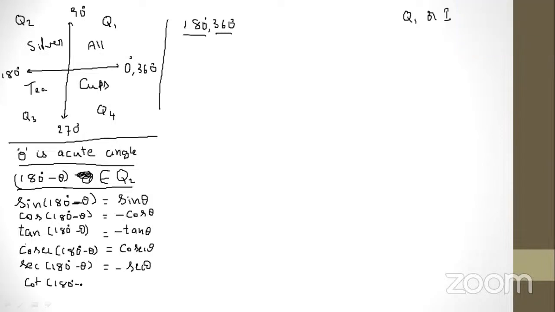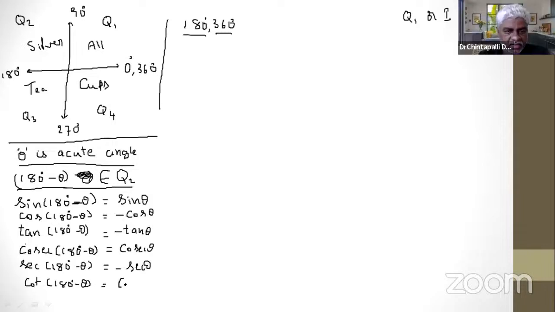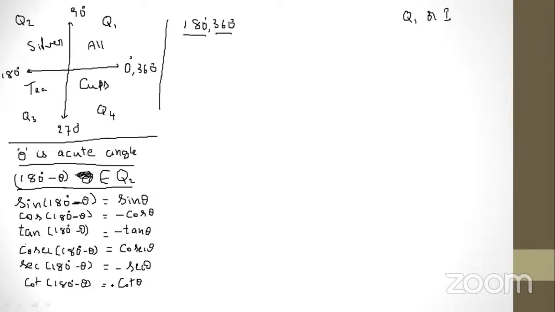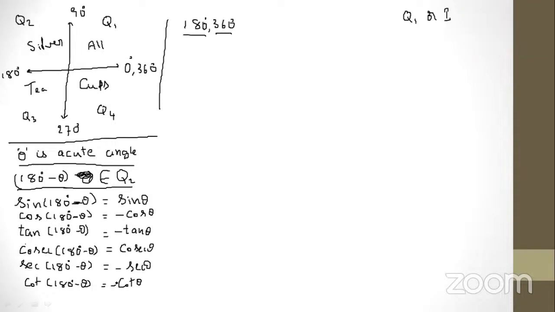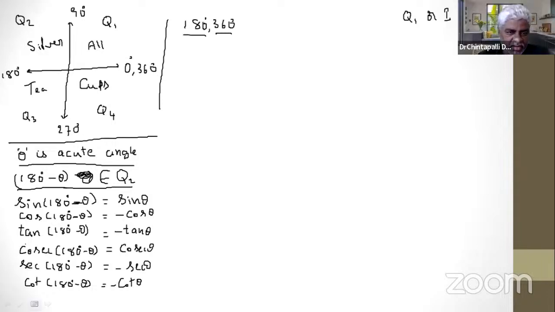Sir, I have a question. We write the formula for cosec theta as 1 by sin theta, so should the sign reverse?